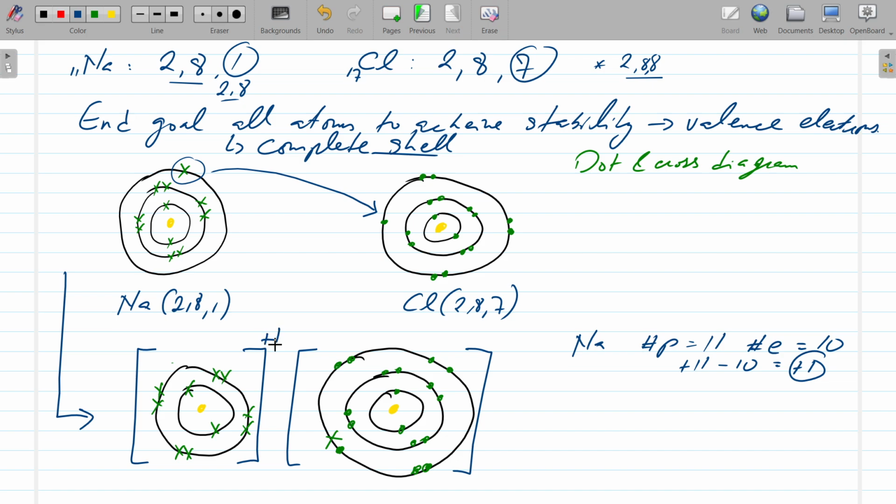So you write plus 1 or just plus. A single plus sign just shows it's 1, you don't need to write it. And for chlorine, the number of protons is 17, the number of electrons is 18, and so you've got plus 17 because protons are positively charged, minus 18, and so you have a negative 1 charge.